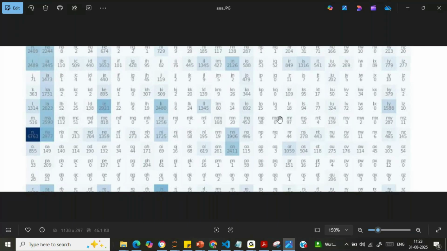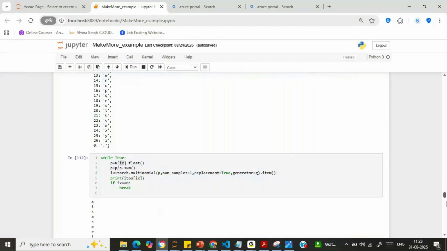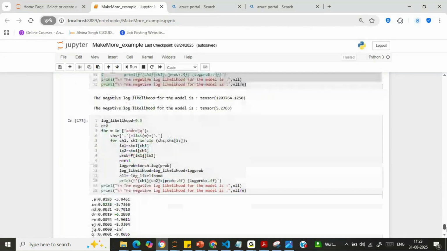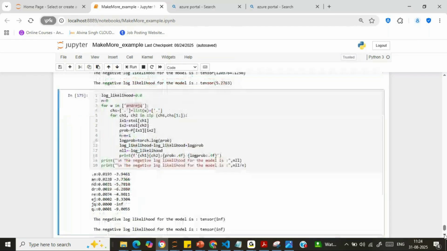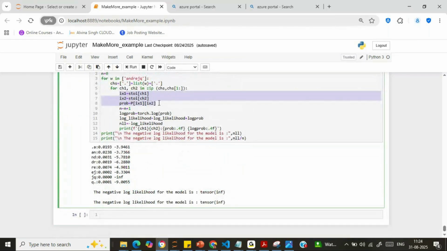So if there are certain names which have a zero count, because this particular percentage is based upon the probability calculation we have done, the Q is not coming after J in our names.txt.